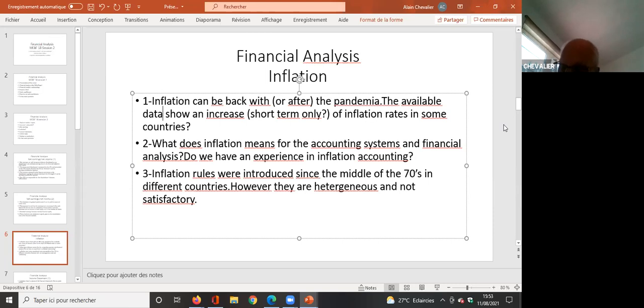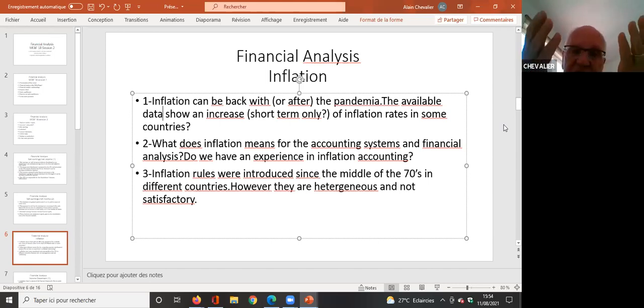What happened in that case is that we were unable to find a kind of global system. The different measures were introduced in different countries. We have experiences, but we never took the lessons from these experiences in order to design an accounting system which is adapted to an inflation world, an inflated world.